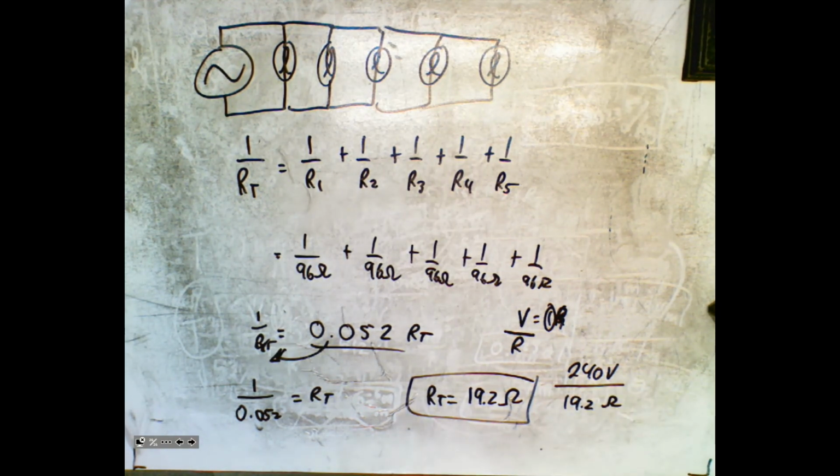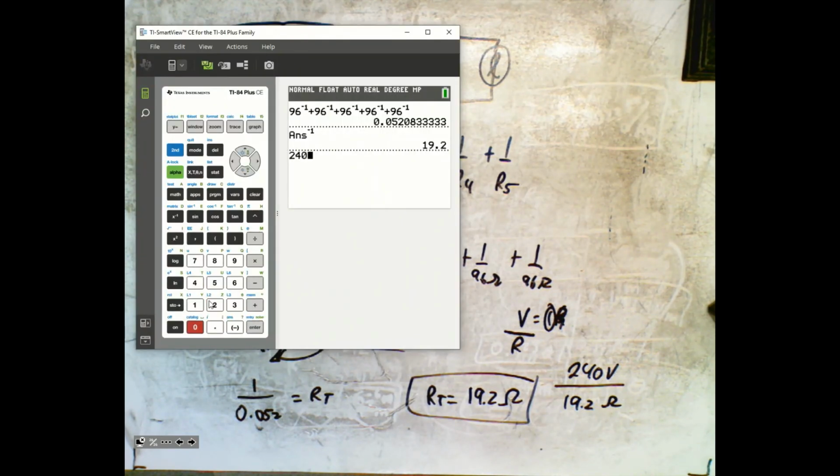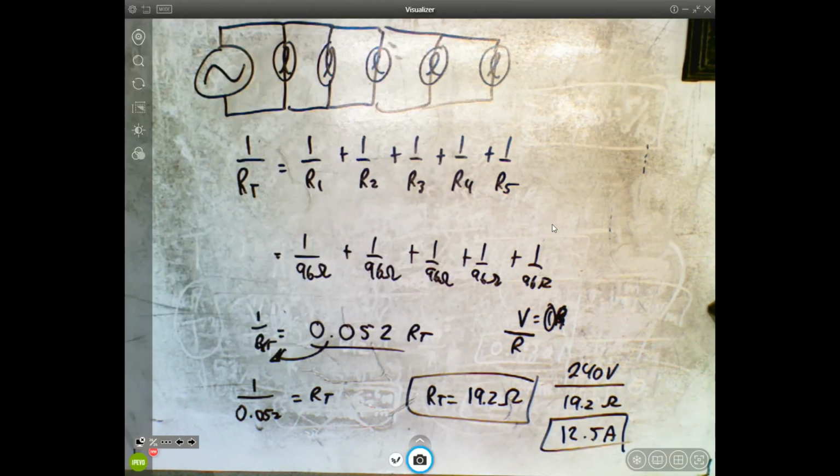So 240 divided by 19.2, we get 12.5 amps as our final answer. Okay, that's what you need to know for this lesson.